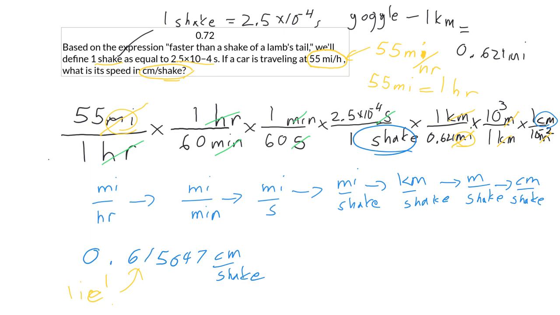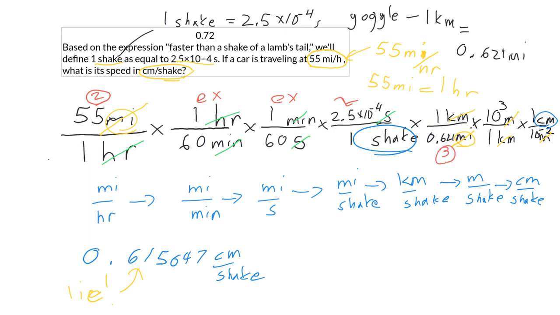So now we need to do our sig figs. We've got 2 sig figs in our 55 miles per hour. This is an exact relationship. This is an exact relationship. This is measured, our shakes to seconds. So that has 2 sig figs, that 2.5.